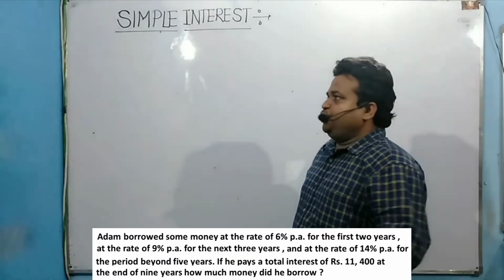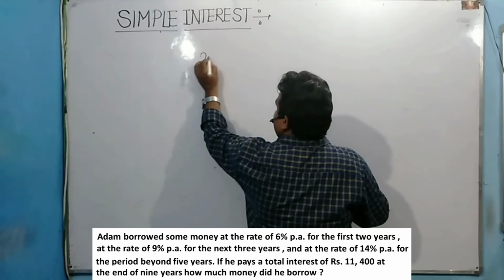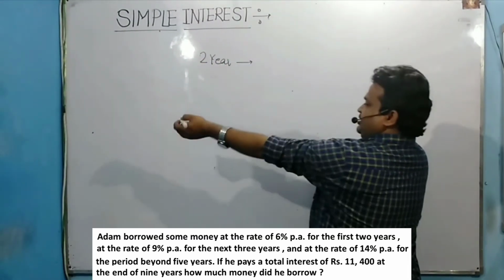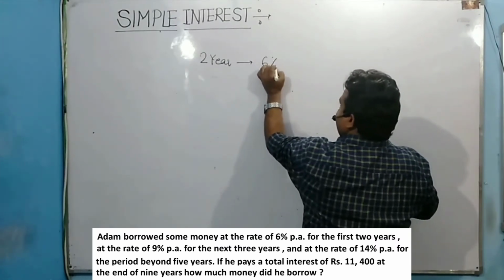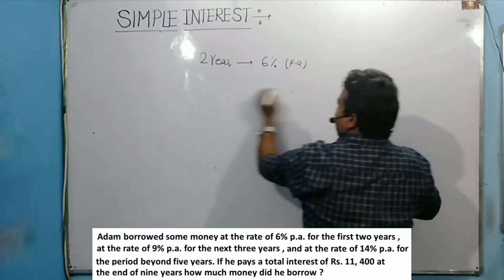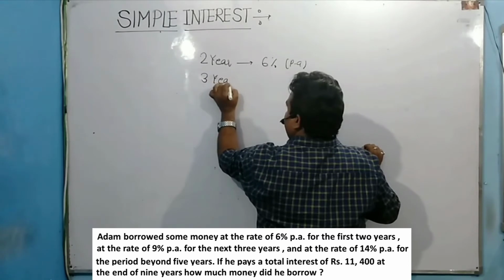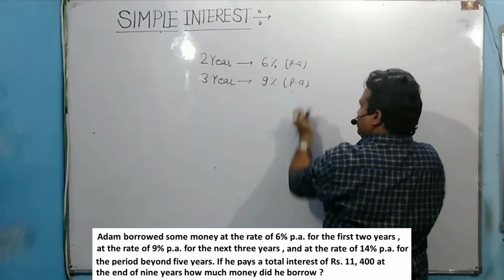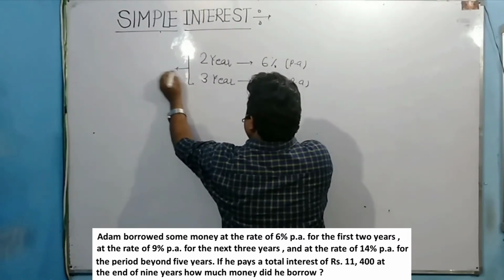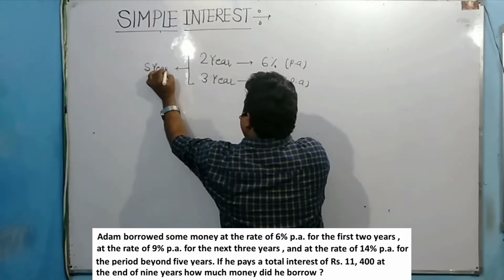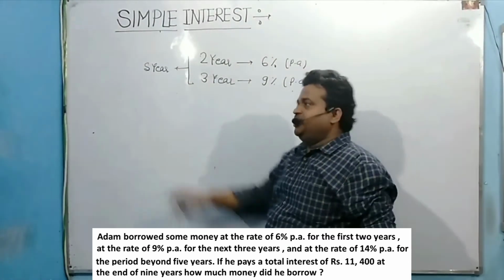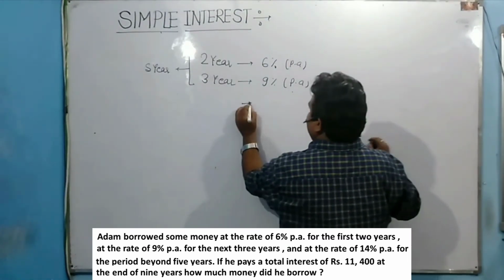Now, for 2 years, my rate of interest is how much? 6% per annum. For the next 3 years, what is the rate of interest? 9% per annum. Now 5 years gone. And in the question it is mentioned that beyond 5 years, the rate of interest is how much?